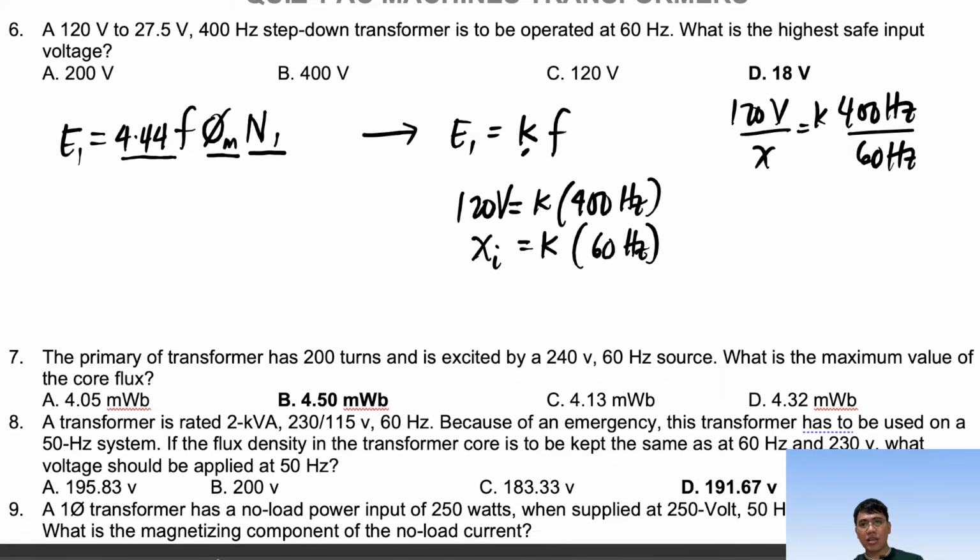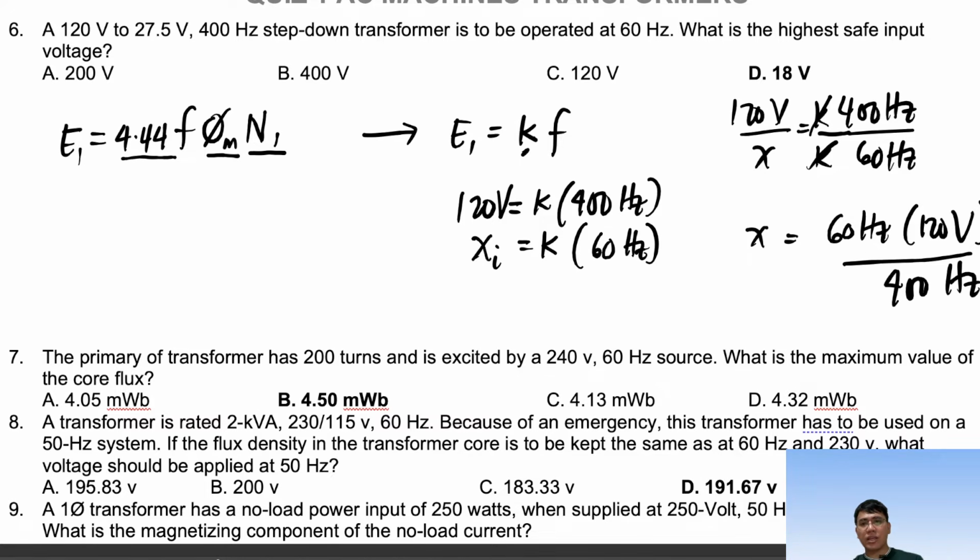Now K and K cancel out because they are the same. So X is equivalent to 60 hertz multiplied by 120 volts all over 400 hertz. We cancel the hertz, so we are left with voltage. 60 times 120 divided by 400 will leave us 18 volts as the highest safe input voltage.